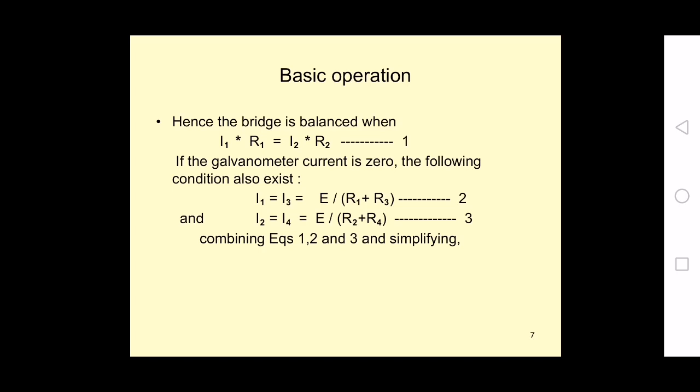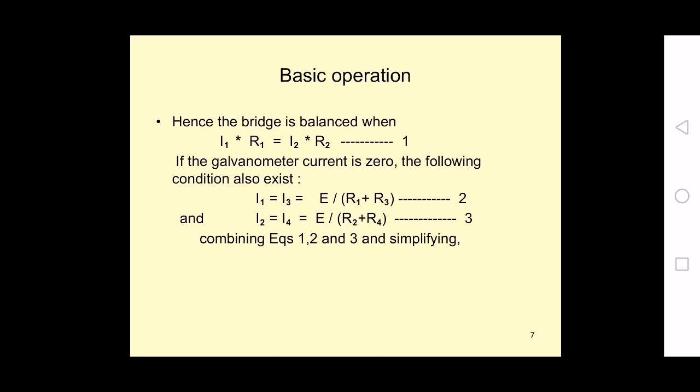Then the bridge is in balanced condition. In this condition, the potential difference from C to A is equal to D to A. Similarly, C to B is equal to D to B.